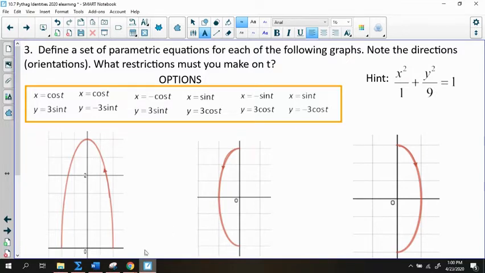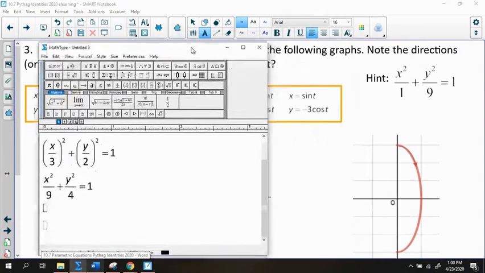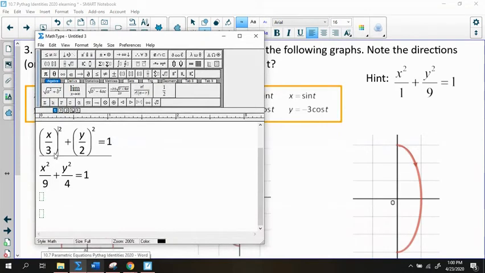To get this going, this would end up being (x over 1) squared plus (y over 3) squared. So I'm going to walk backwards through this so you can see how this works. So this part could be equal to cosine and this part could be equal to sine, or vice versa.